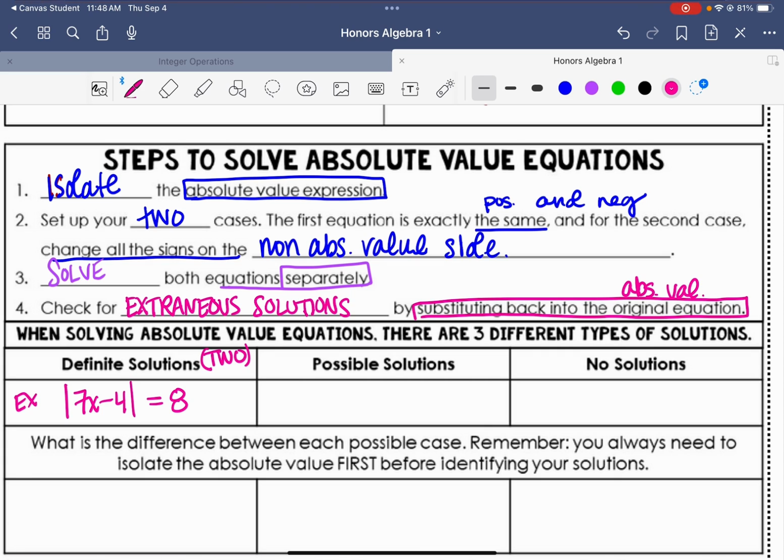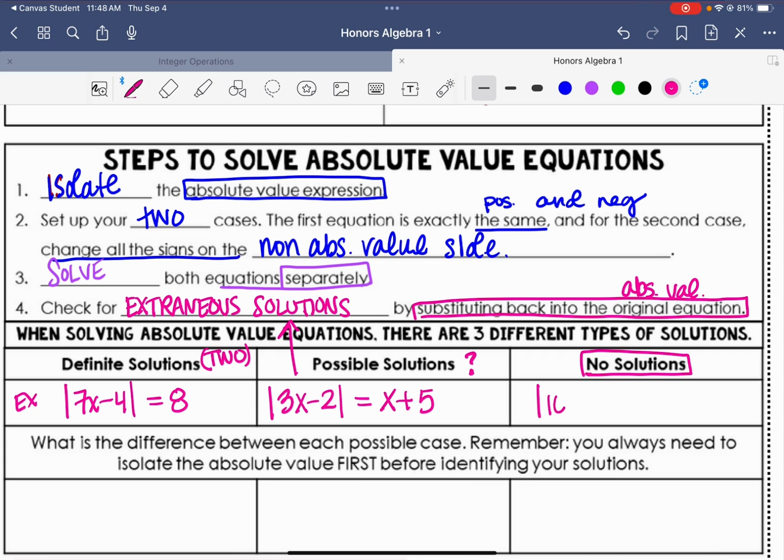Possible solutions is when I have an absolute value expression like 3x minus 2, but it's equal to another variable expression. There could be 2, or only 1, or none. So 2, 1, or none solutions. These are the ones you definitely need to check for the extraneous solutions. And then some of them have 0, you don't have any solutions at all.